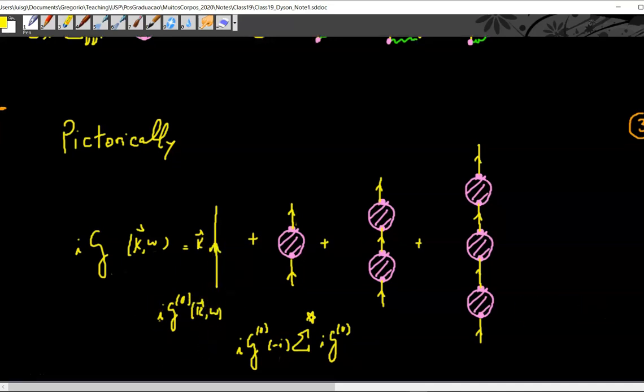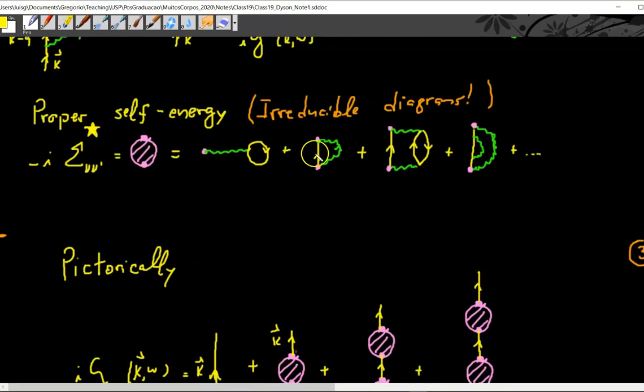So pictorially, what do we have? I can draw my self-energy as one leg with the momentum k entering the self-energy, and one leg with a momentum k exiting the self-energy. So what are these terms? Notice that here I essentially reordered all my sums and saying what's contained here are all the irreducible diagrams.